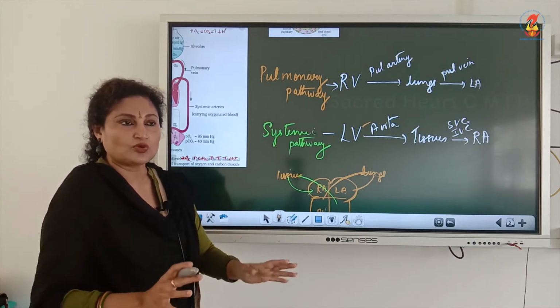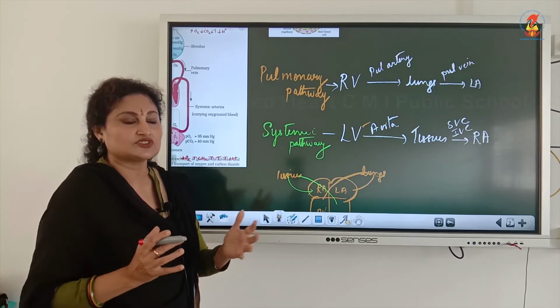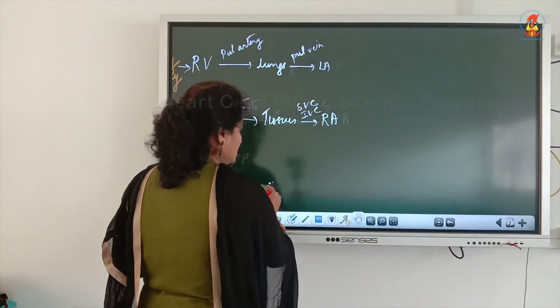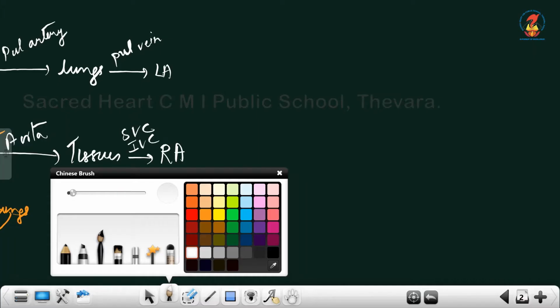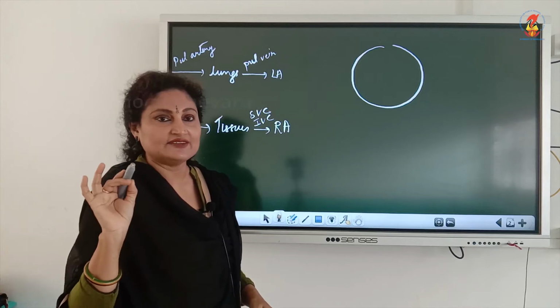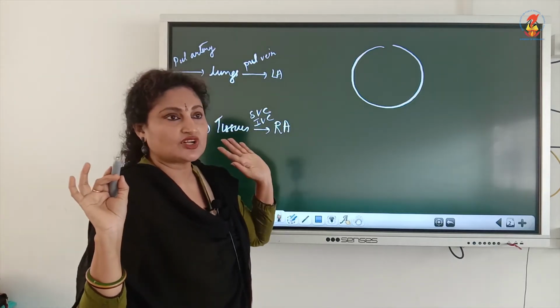That and all is excluded. We are only concerned with that region which is involved in the exchange of gases, that is the alveolus. So if I am drawing a rough schematic representation of the respiratory system, just representing only the alveolus, and that too one alveolus, which is a round sac, highly vascularized, thin walled sac. Okay, so this is a representation of the respiratory system.